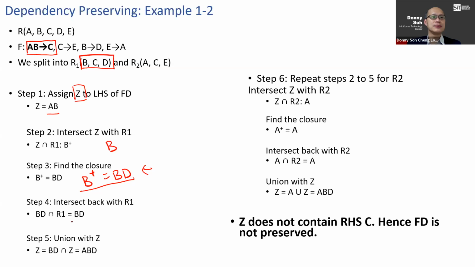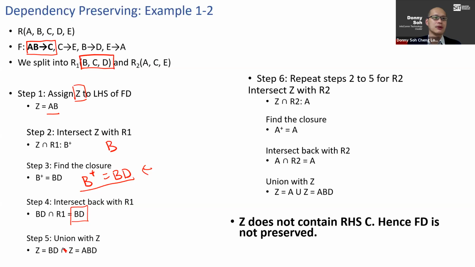What this tells me is that I want to get the parts of the closure that are also in my relation R1. And finally, a union.